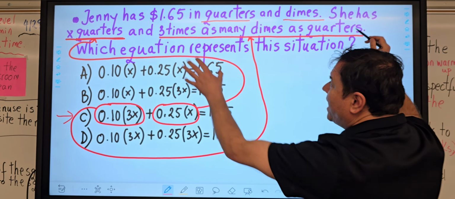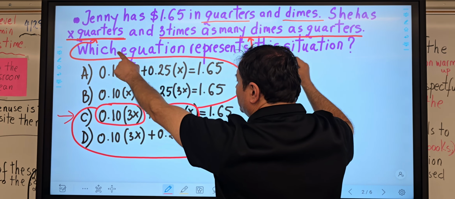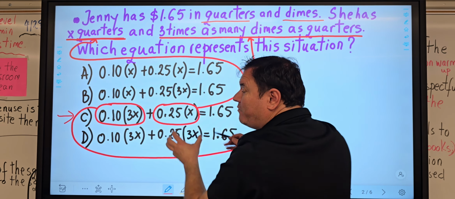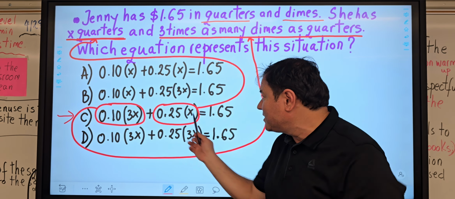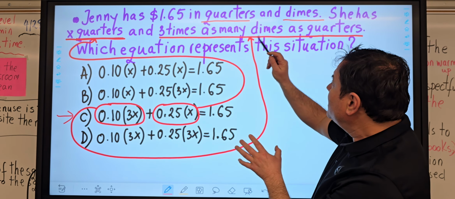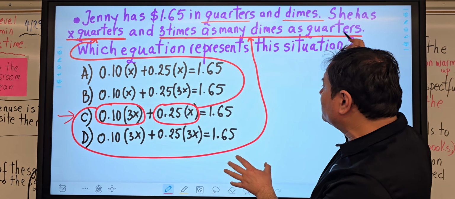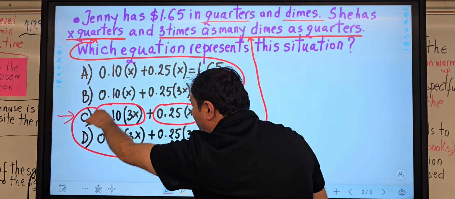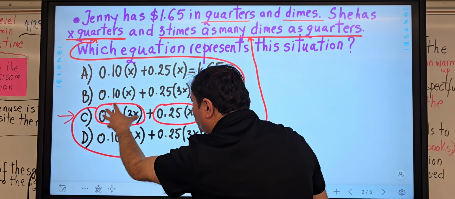Because she has x quarters, and the value of a quarter is 25 cents. So x quarters, right? And then she has 3 times as many dimes as quarters. That's what makes sense.